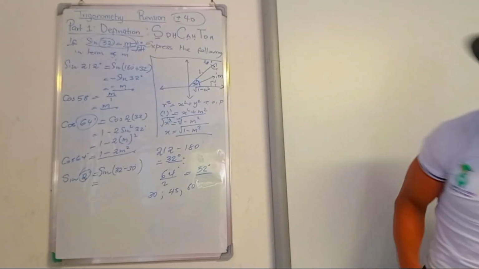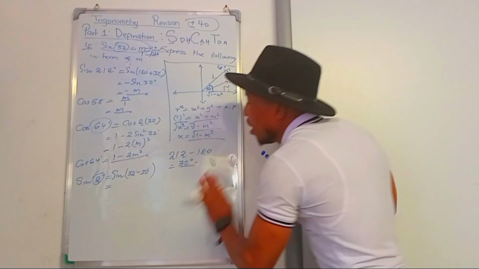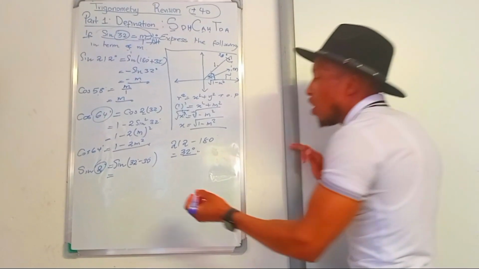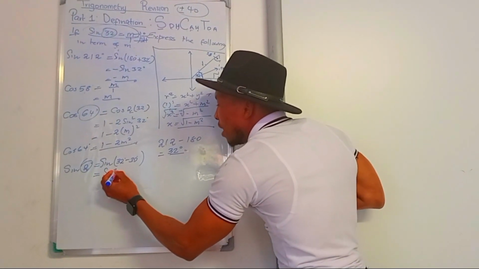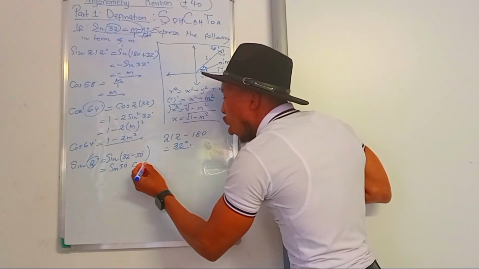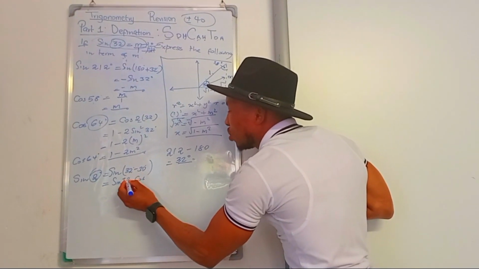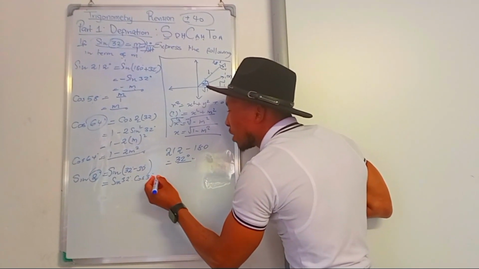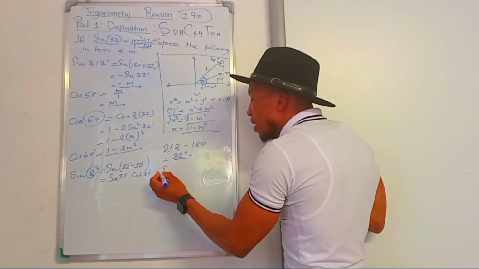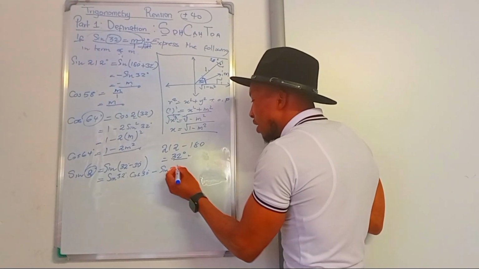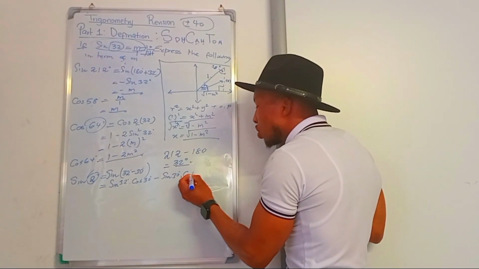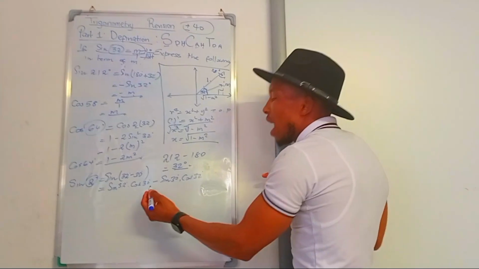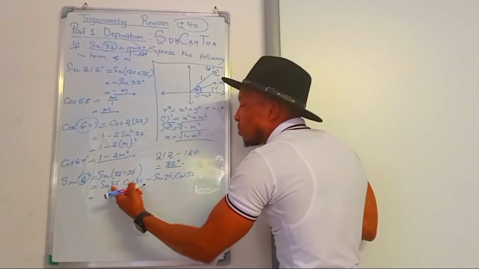We know that the compound angle is whereby we normally say sine 32 degrees times cos 30 degrees, minus sine 30 degrees times cos 32 degrees.